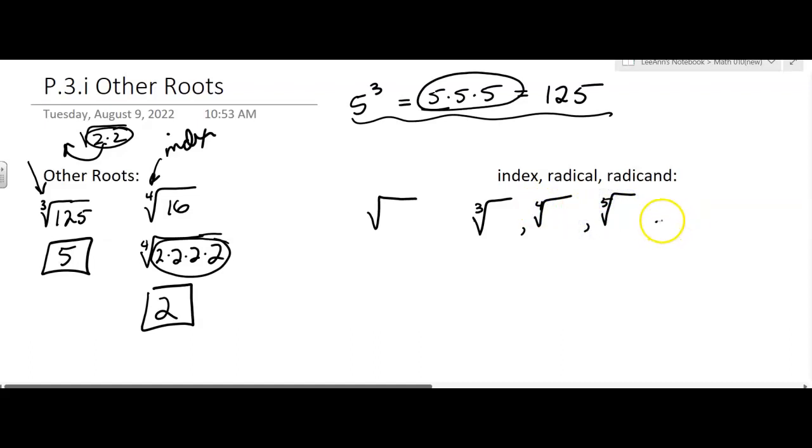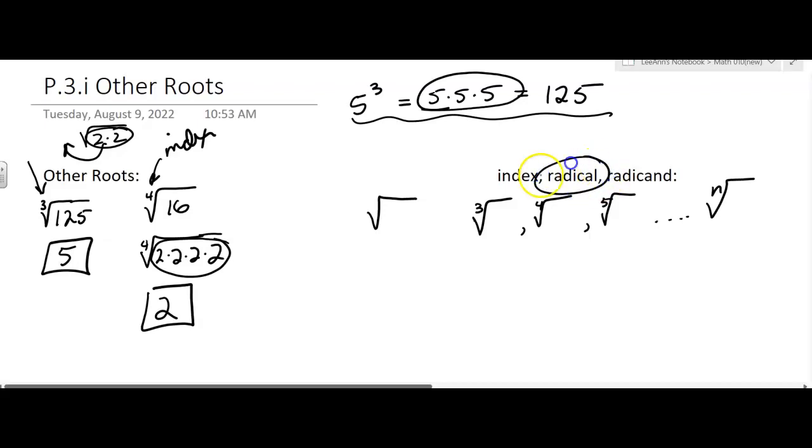The nth root they talk about, meaning that n could be any integer. It's a positive integer. And you could have the index be any positive integer.